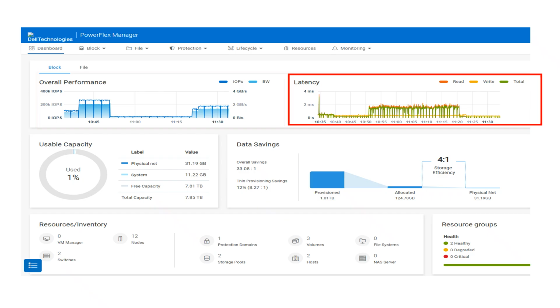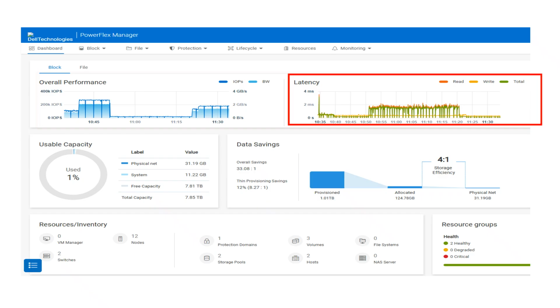Here you can see read latency, write latency, and then total latency. These are the three metrics which we need to analyze here. All this latency is measured in milliseconds. This is very important for real-time support.